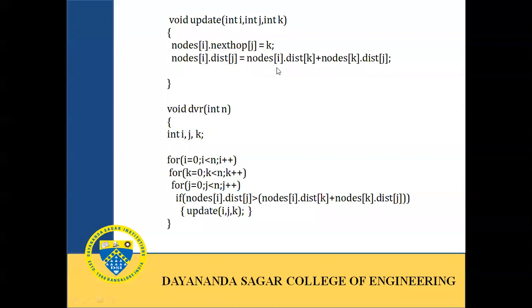So how did we get the shortest value? When it travels to the third node, that is k. So the next hop entry is k. So initialize the next hop of j as k. So in the update, first we'll update the new shortest cost metric, and then the next hop entry. Through which node are we getting the shortest path? So that also has to be updated.